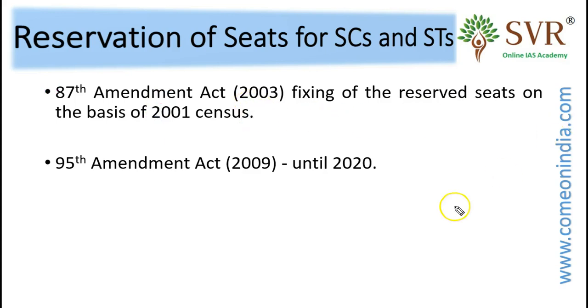And then the 95th Constitutional Amendment Act of 2009 has provided that this reservation of seats for scheduled caste and scheduled tribe people has to be continued until 2020. These were two important amendments regarding the reservation of seats to scheduled caste and scheduled tribe people for the election of Lok Sabha.